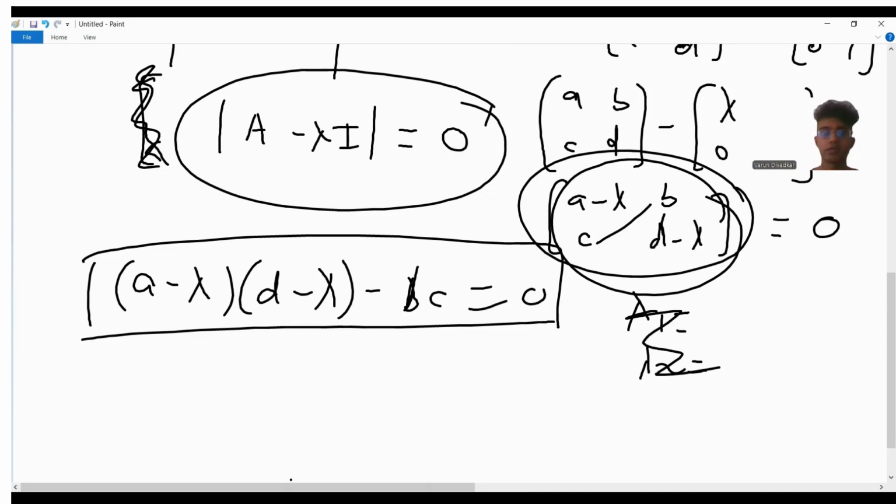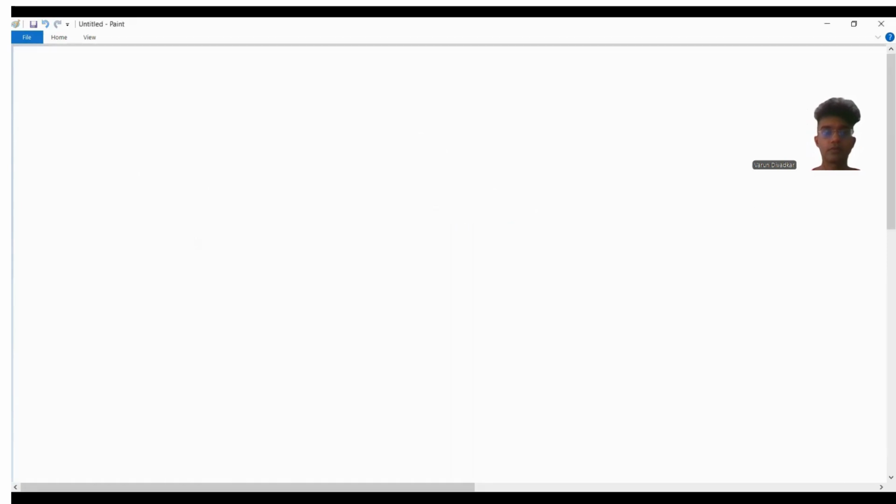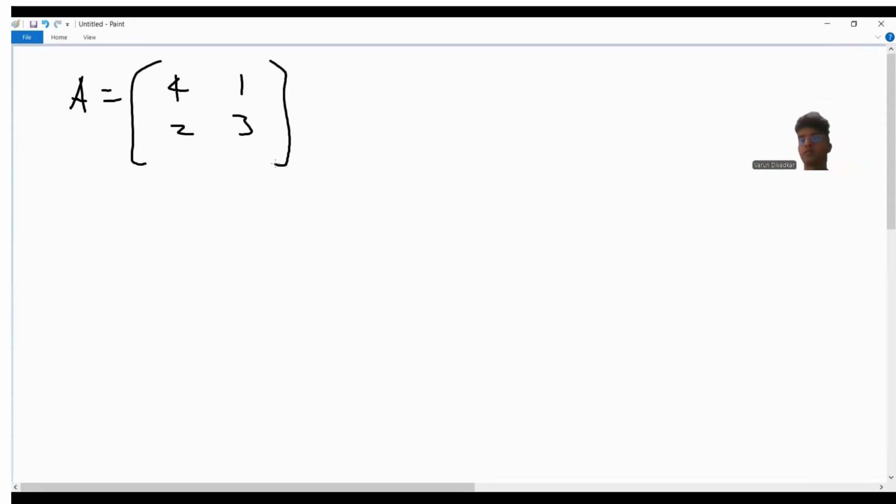Let's take a new page now. Let's say A equals [4, 2; 1, 3]. That's the matrix. Now you have to find the eigenvalues and eigenvectors for this matrix.